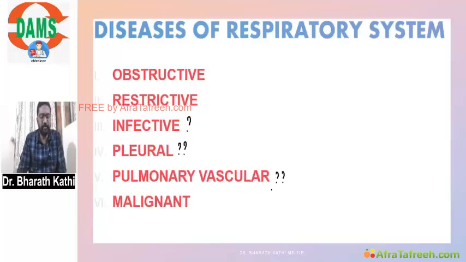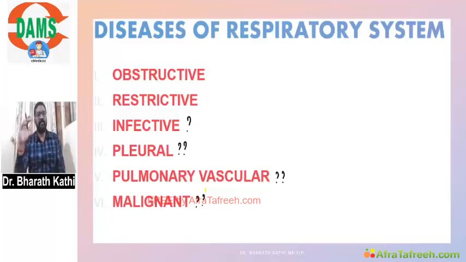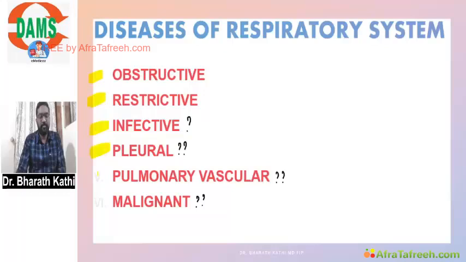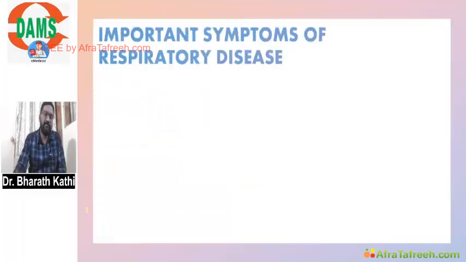Are we dealing with any pulmonary hypertension or any pulmonary embolism? Or it can be a malignancy. So if you take all the diseases in respiratory medicine, it will fit under this heading. So it has to be either obstructive, restrictive, infective, pleural, pulmonary vascular, or malignant disease.